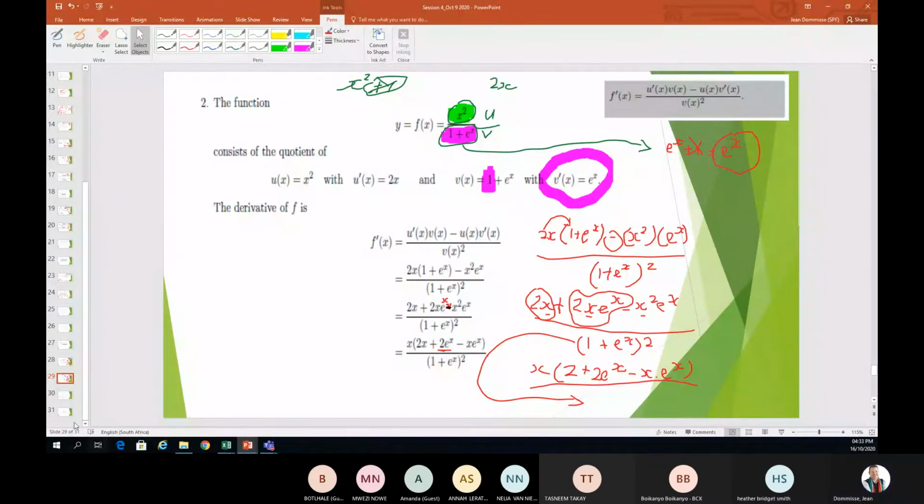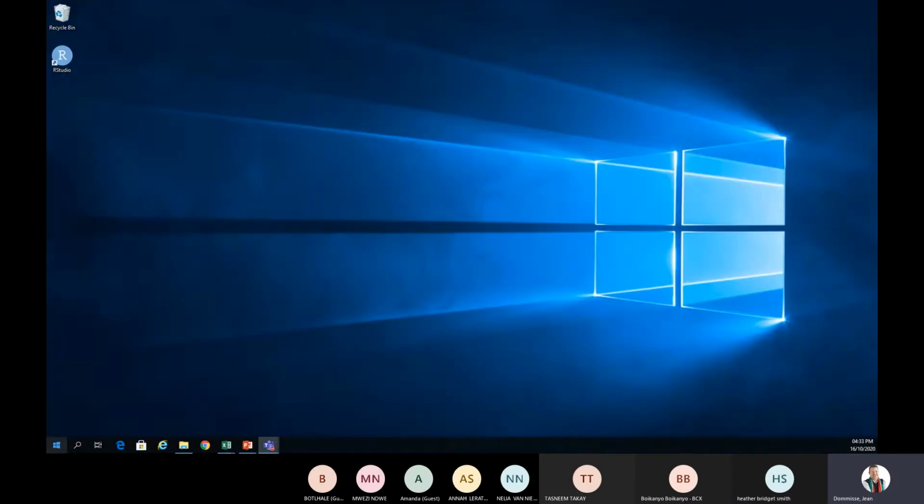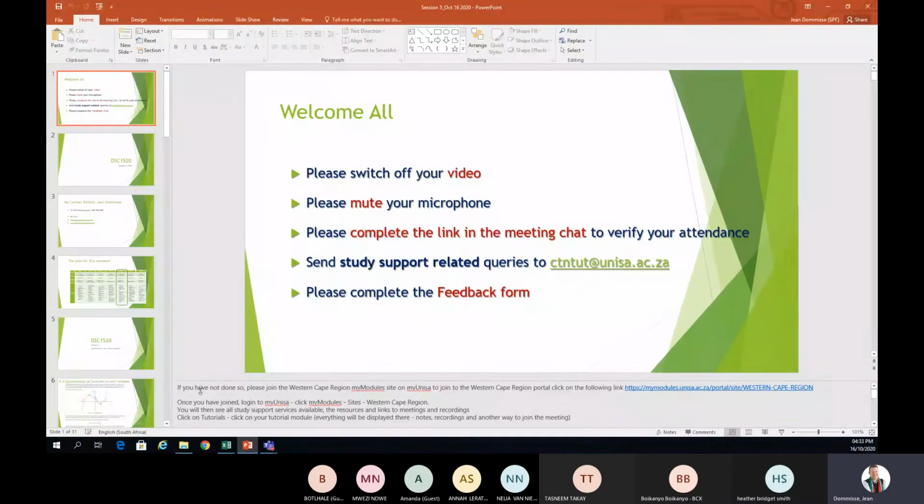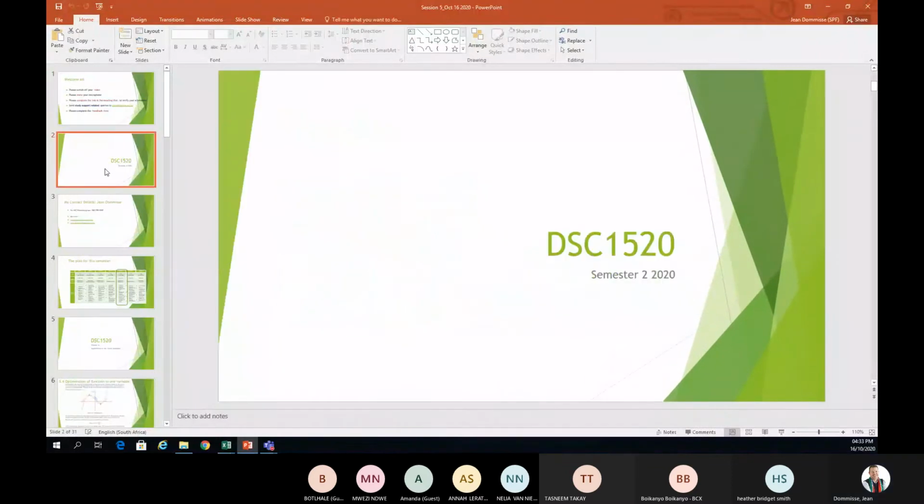Okay, so we just now need to check. I'm going to save this, so that we can get into the next part of the differentiation. So just tell me, can you still see the screen or the presentation, or must I share it again?